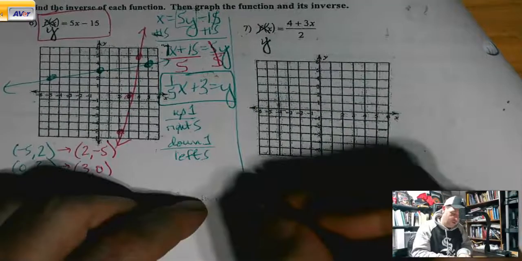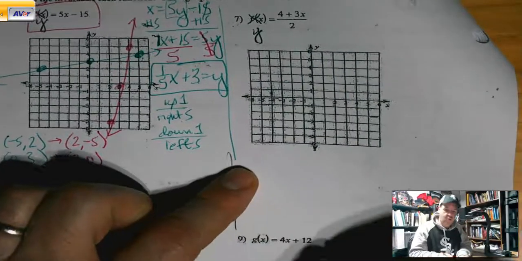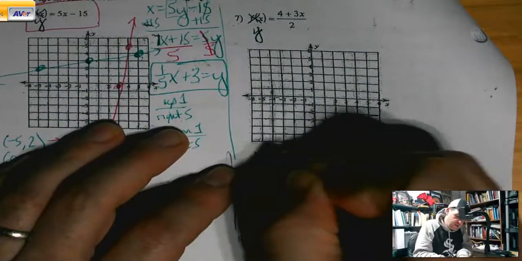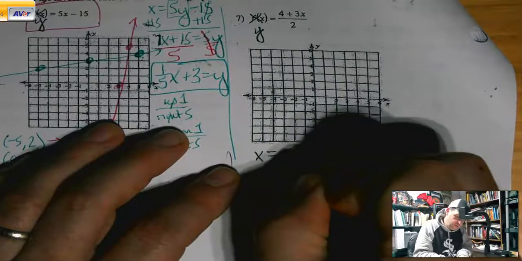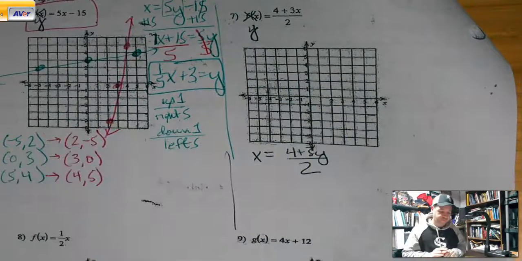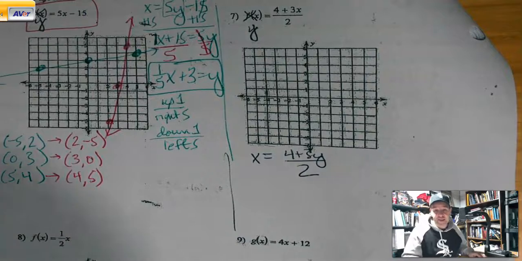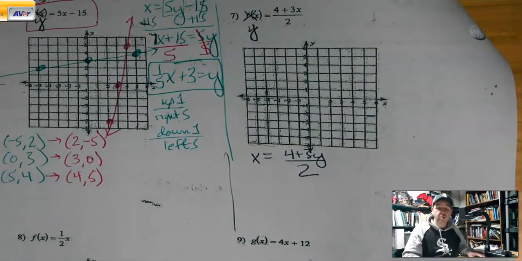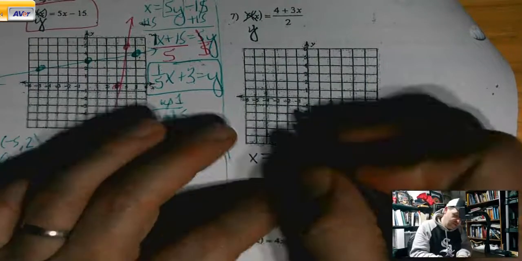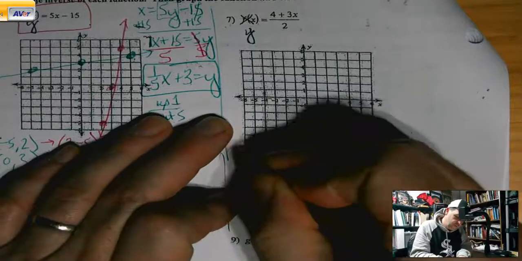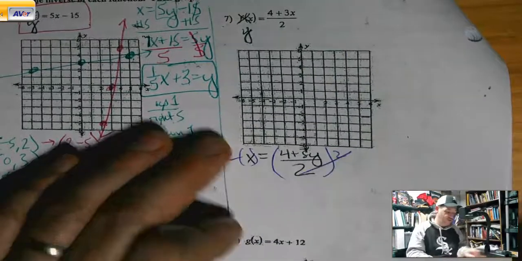Okay, so I'm going to do it down here because there's a little more room this time. Switch x and y. Okay, we're solving for y. First problem I see is that fraction. It's got to go. So what's the opposite of dividing by 2? Multiplying by 2.